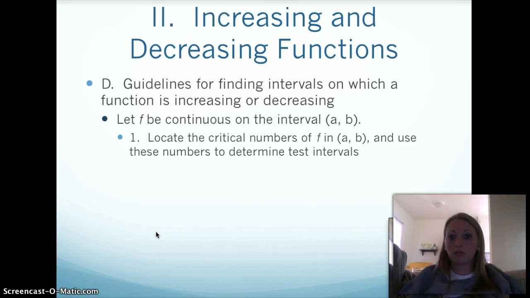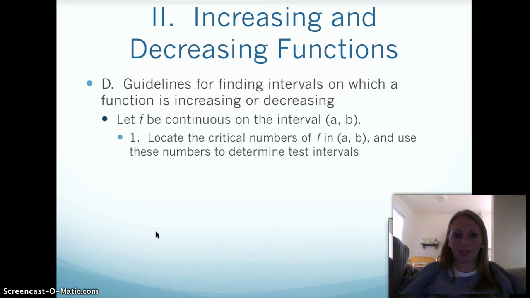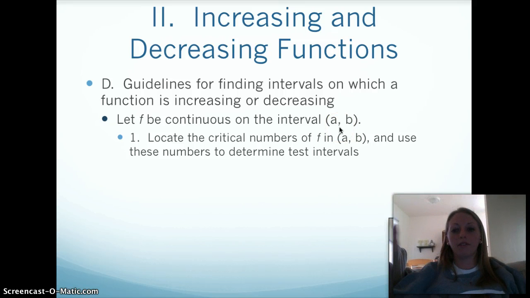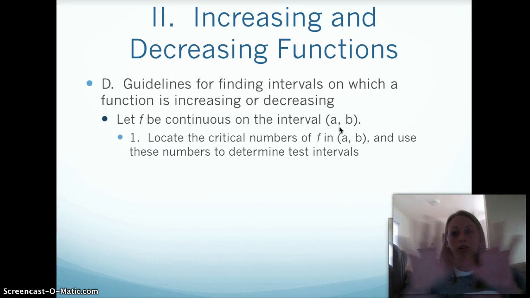And use those numbers to determine test intervals. We're going to need our test intervals again, like we did when we were finding max and min. However, it's a little bit different for increasing and decreasing. If we don't know our interval, if it doesn't tell you anything, you assume you're going from negative infinity to infinity. So you're going the whole way.